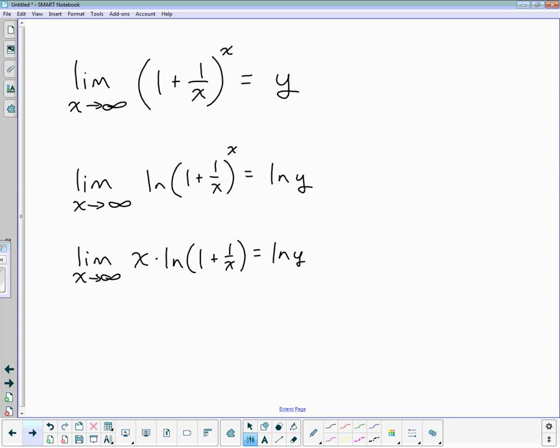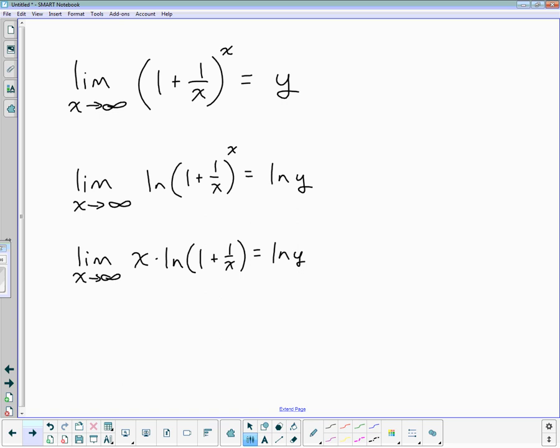That's all fine and well, but the natural log of, well, what does this go to? Just the left-hand side. If we were to apply the limit right now, the x goes to infinity, and the natural log of 1 plus 1 over x goes to what? Dude, don't guess.